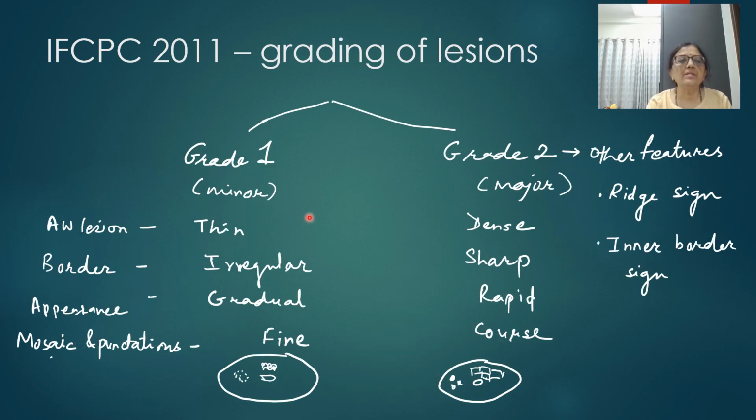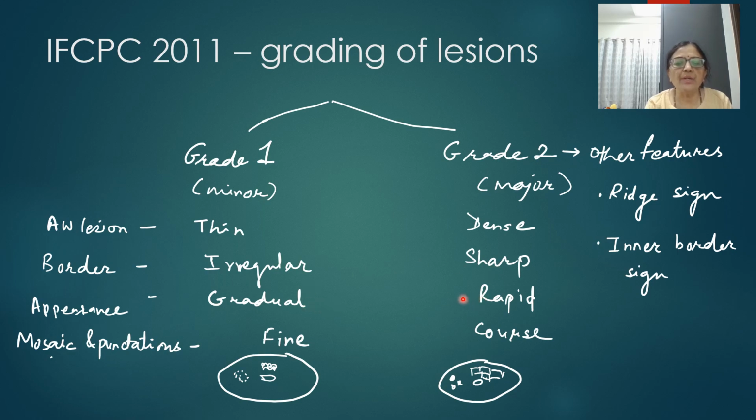How we grade this: grade 1 is minor, grade 2 is major. So an acetowhite lesion, if it is a thin transparent epithelium, is minor. If it is dense white, it is major. If the border is irregular, it is minor. If it is a sharp, regular border, it is major. If it appears gradually, it is minor.